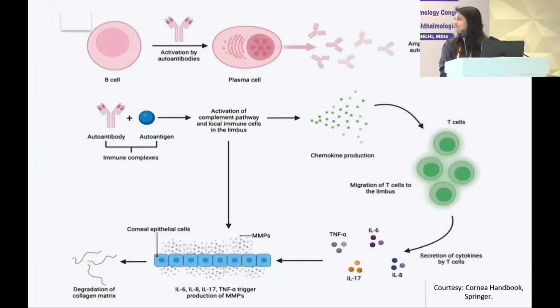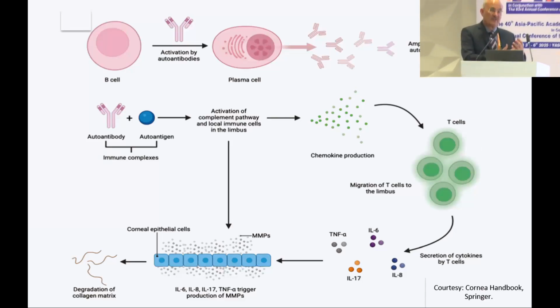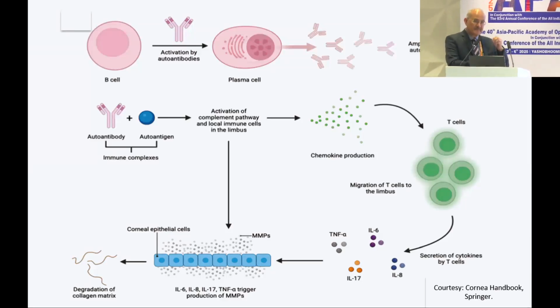Oh, okay. So does everyone understand in very simple terms what it means when we say autoimmune or immune complexes? What it means is that normally the cornea is not recognized by the immune system as foreign. The body has a surveillance mechanism with lymphocytes, and they come and sample each tissue of the human body, and if they find there is an alteration or abnormality, they signal, they express MHC class 2 molecules, and then they secrete cytokines, telling other cells that there is some intruder because they think it's not a normal structure.